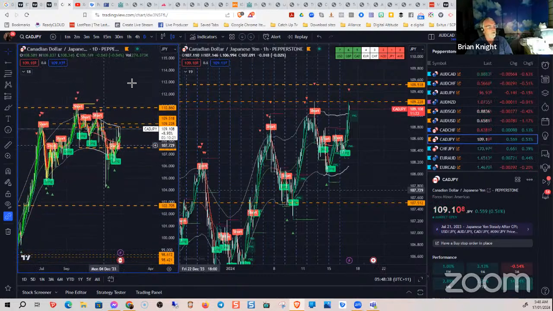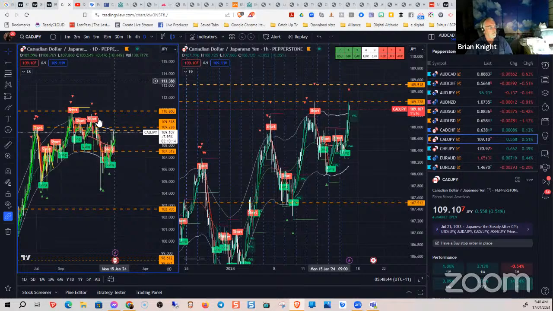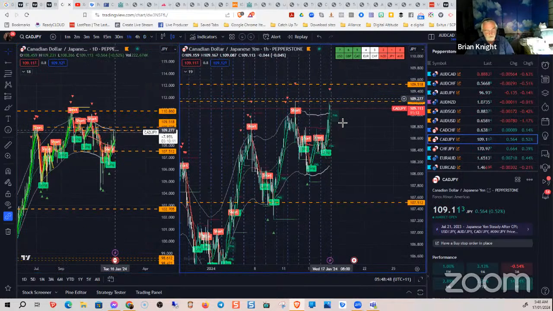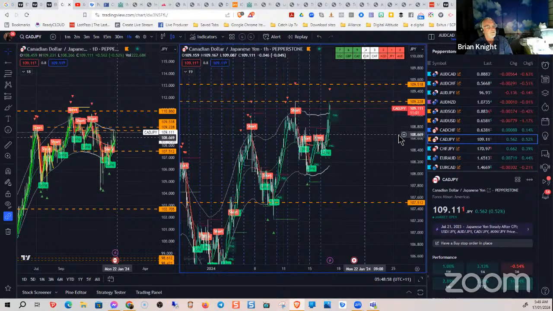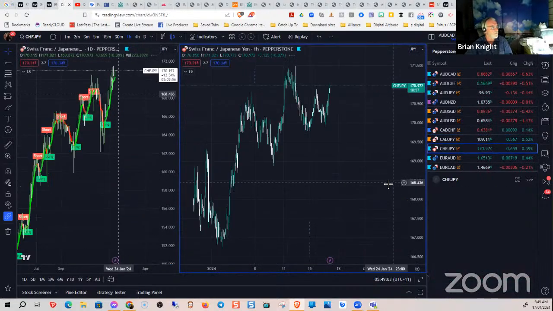I think it'll push higher. I think if the CAD and other currencies are strengthening up, then potentially you'll get maybe a breaker structure up here. So let's see. JPY, there's quite a few here. We'll see.